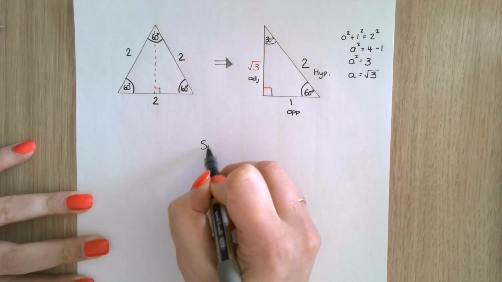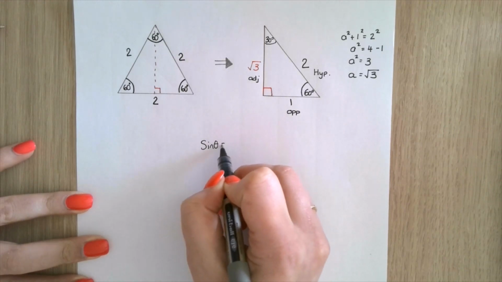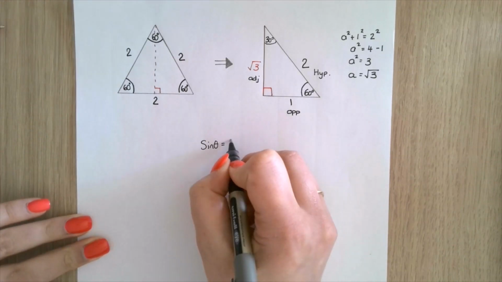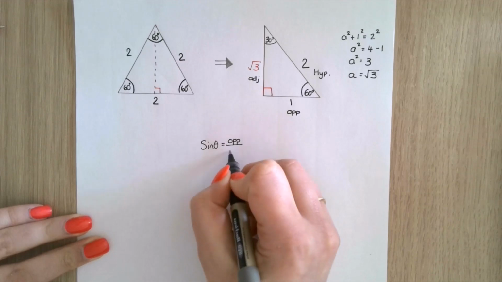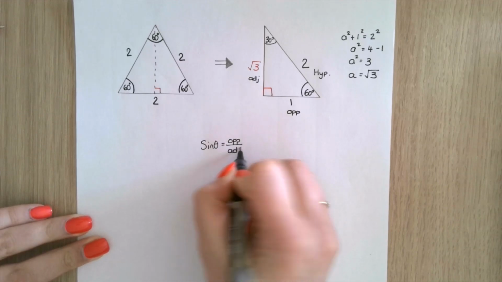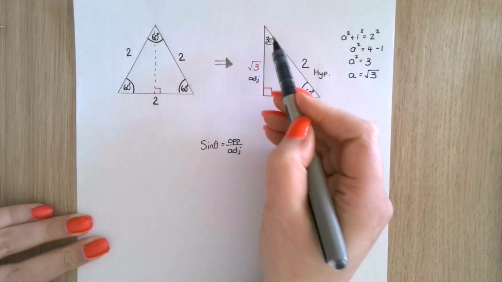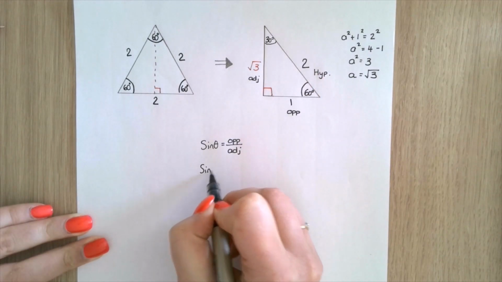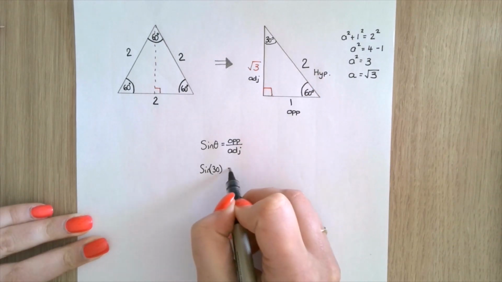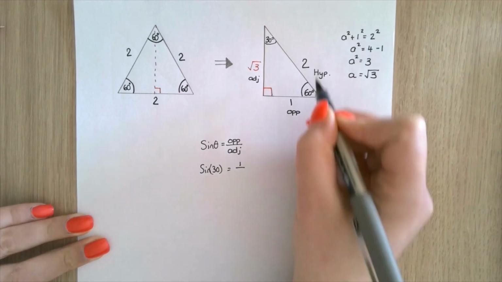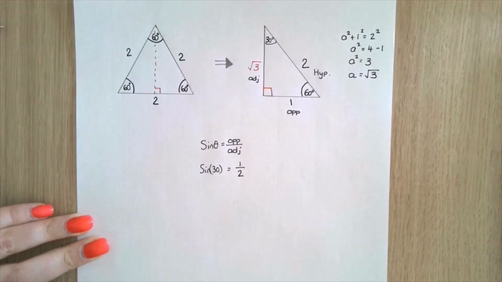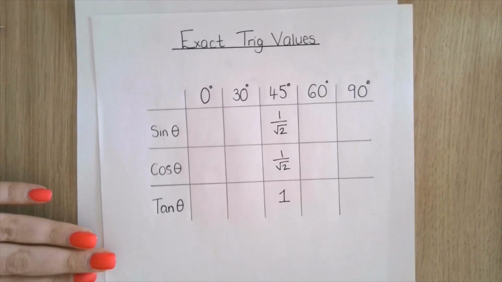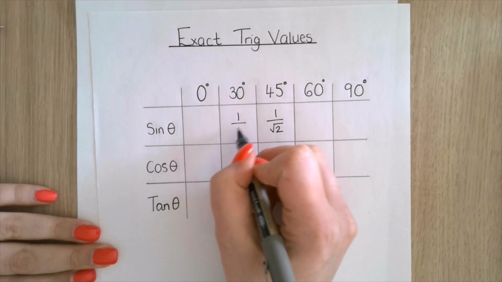So, sine theta is equal to my opposite over my hypotenuse. Remember, we're working for sine 30 at the moment, so sine of 30 is my opposite, which is 1, over my hypotenuse, which is 2. So sine of 30 is a half.